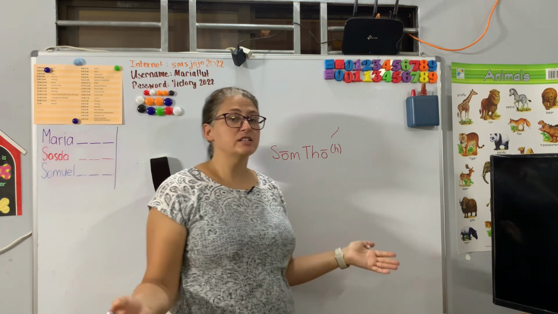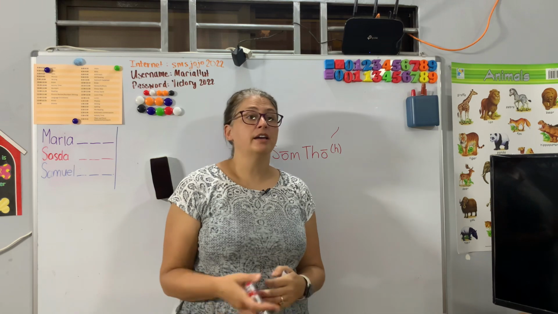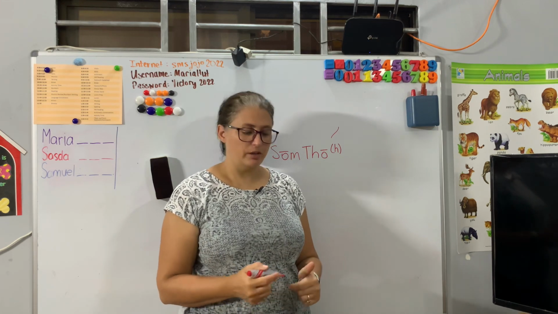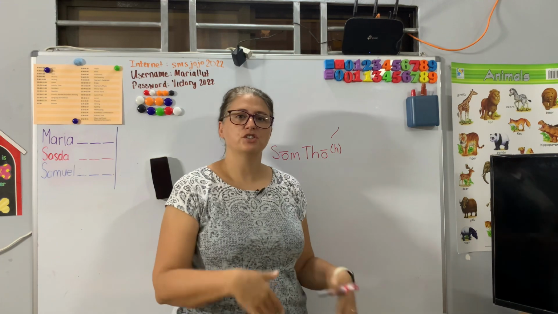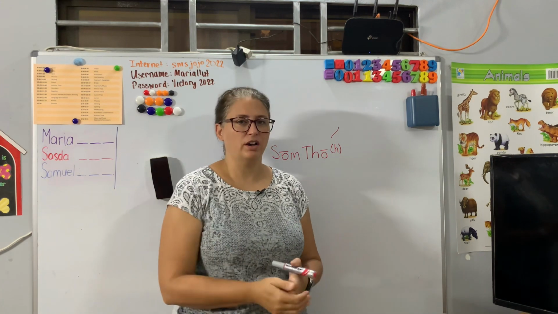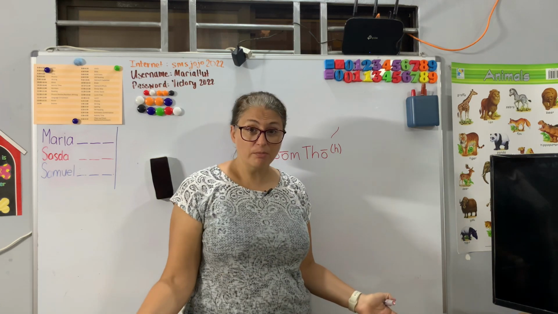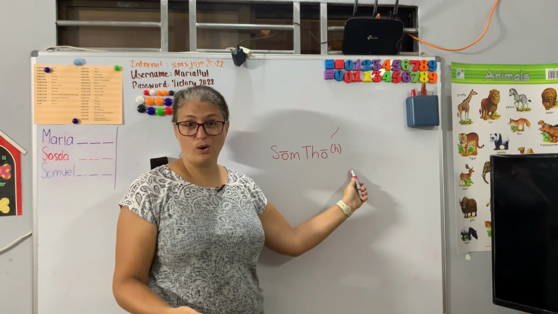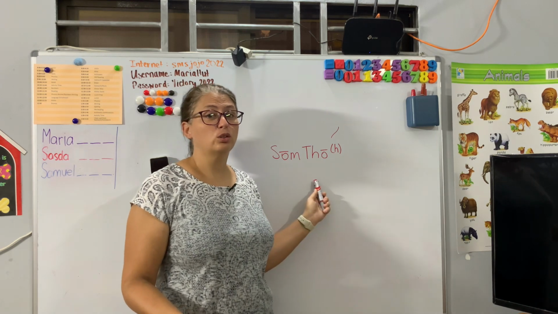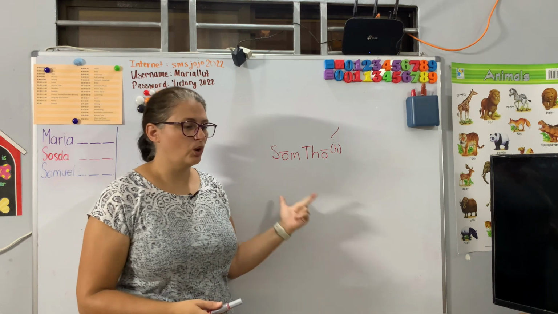You bump into somebody, som toh. You want to get by, there's another word you can say, but for now you can just say som toh, and just to get their attention, so you can walk if someone's standing in your way. You spill something, som toh. It ends with an H sound, som toh.